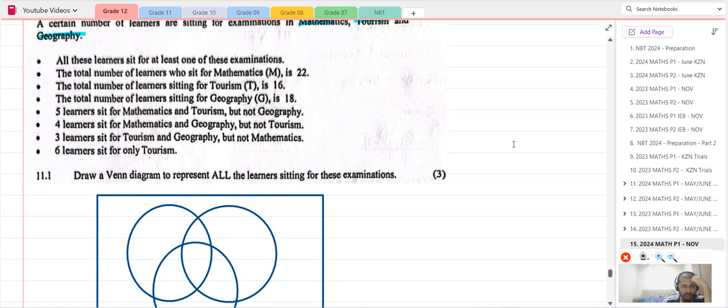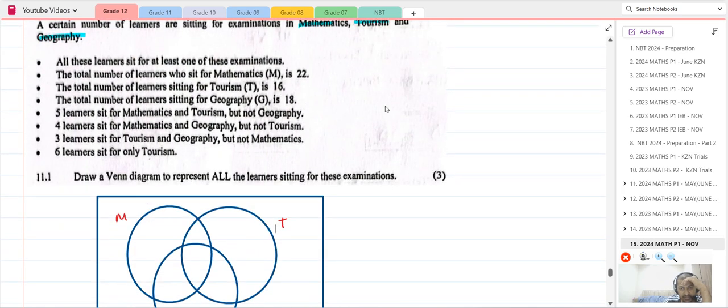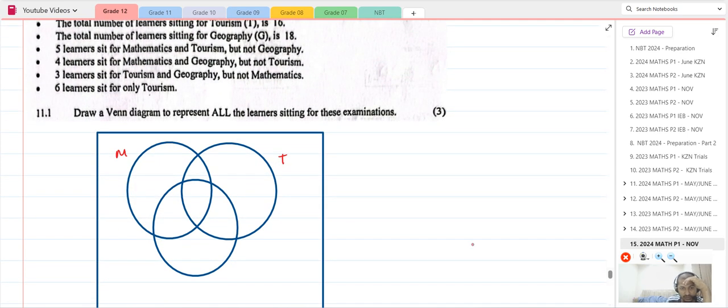The total number of learners who sit for mathematics is 22, so we're not going to start filling that. We start filling from the bottom. 6 learners sit only for tourism. Let's go in order: mathematics, tourism, and geography. We'll put geography at the bottom.